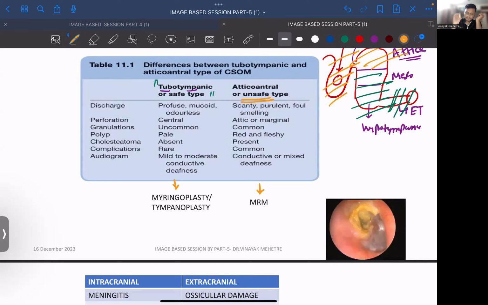ओके, पेशेंट क्या लिखेंगे उसमें? Patient will present with scanty foul discharge. Okay, patient is having ear pain, scanty foul discharge with Kernig and Brudzinski sign positive. What is the diagnosis?